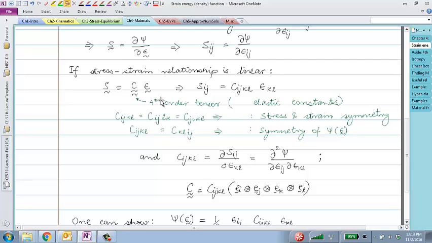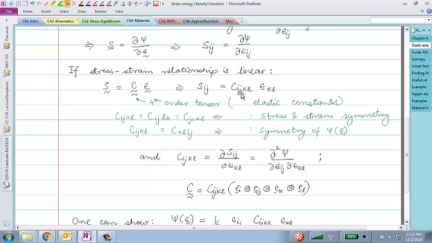The whole thing here is just that a fourth order tensor acts on the second order strain tensor to give you a second order stress tensor. There are four indices, so how many elastic constants are we talking about to relate stress to strain?